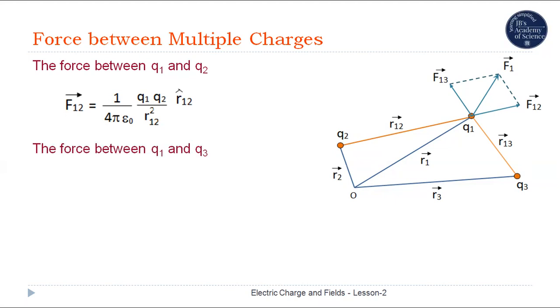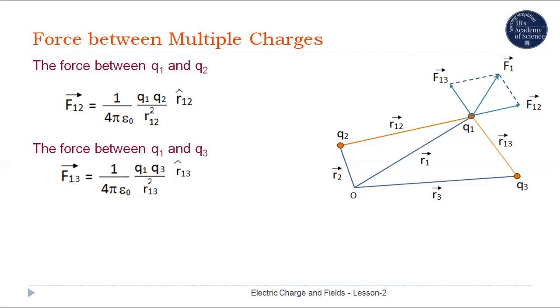Similarly, the force between Q1 and Q3, F13 is equal to 1 by 4 pi epsilon 0 Q1 Q3 divided by R13 square R13 cap. The force is represented by F13 and the direction is shown in the figure. Direction is from Q3 to Q1.